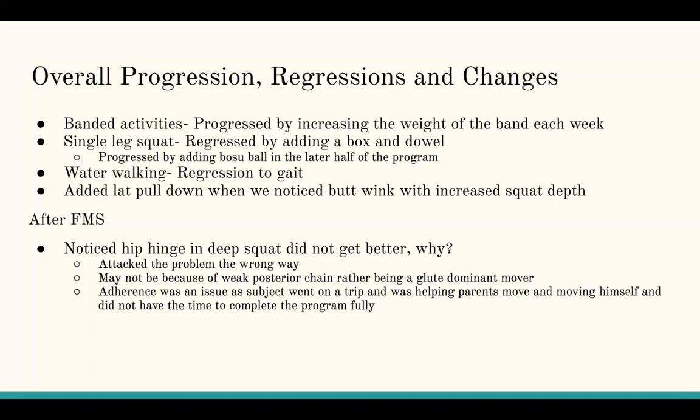So if we were to do this again, we would attack more glute and quad strengthening. And then another reason why this may have happened was that adherence was an issue, because I went on a trip and I helped my parents move and move myself, so I was unable to complete the program fully.